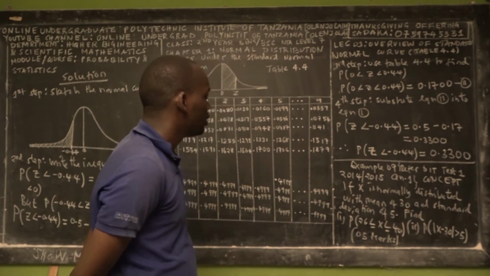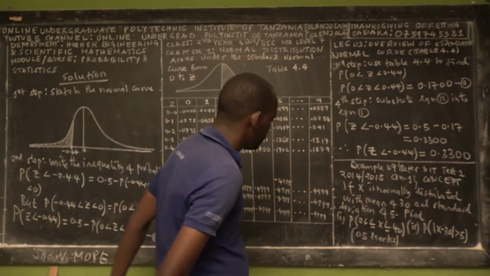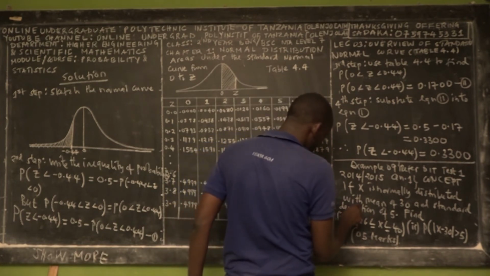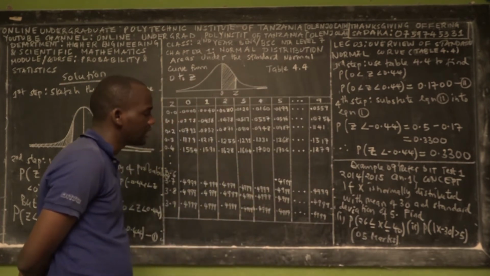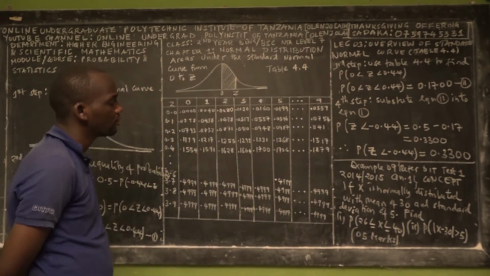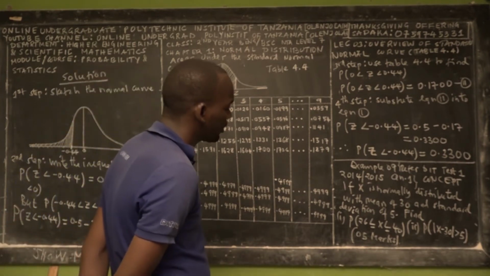So if x is normally distributed with mean of 30 and standard deviation of 5, find the probability of 26 less than or equal to x less than or equal to 40, and number 2, find the probability of absolute x minus 30 greater than 5.